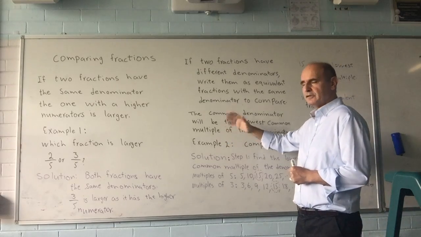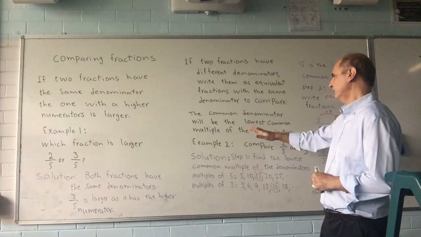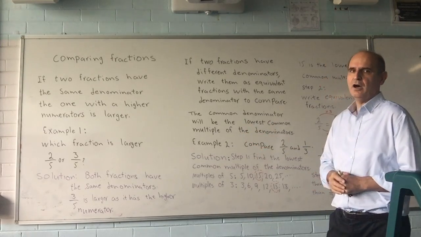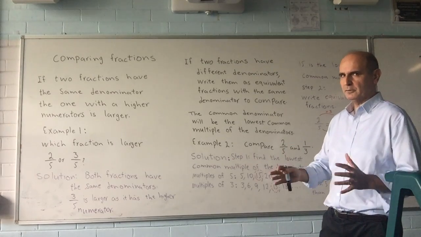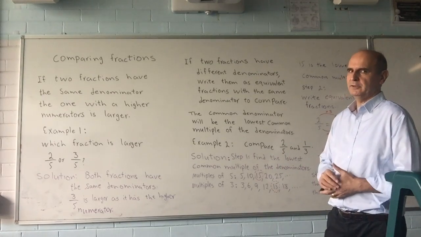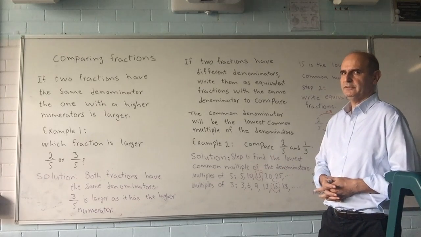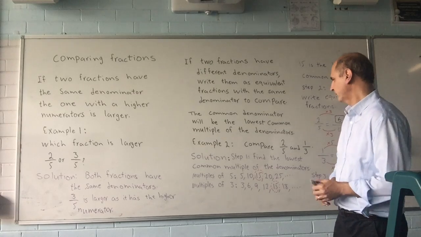You can have different numbers as a common denominator, but the best case is the lowest common multiple of the two denominators. So take the lowest common multiple of the two denominators as your common denominator to make equivalent fractions.